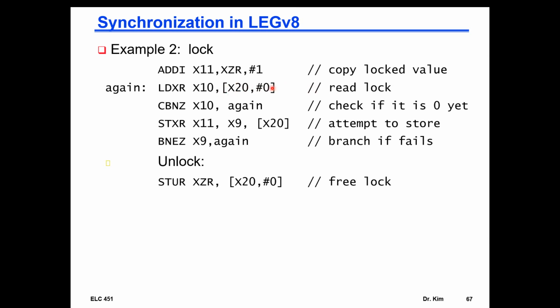This is actually the memory address where the lock variable is stored. That address is in register 20, and we're putting it in register 10. Once that register is 0, then we can use that memory location, and we try to store. If it fails, we go through the sequence again. And when we are successful, we know that the other processor is done with that location. We free the lock.